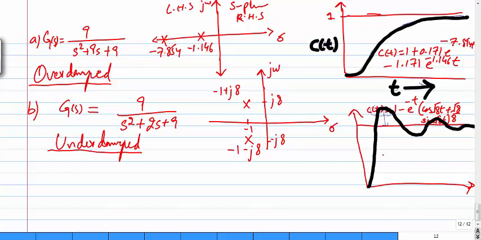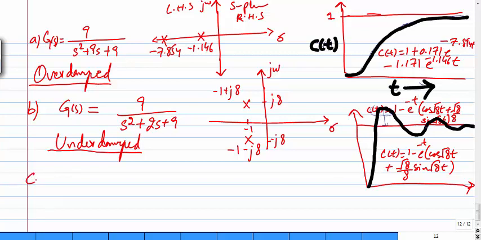So C of t is equal to 1 minus exponential minus t times cos of under root 8t plus under root 8 divided by 8 sine of under root 8t. So this is the response. When you have this type of response, we call it an underdamped response.